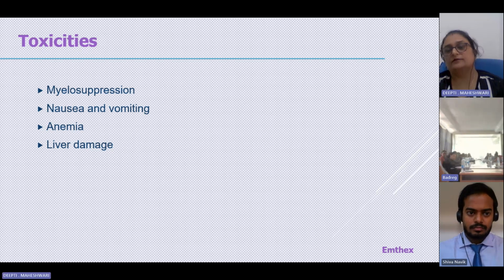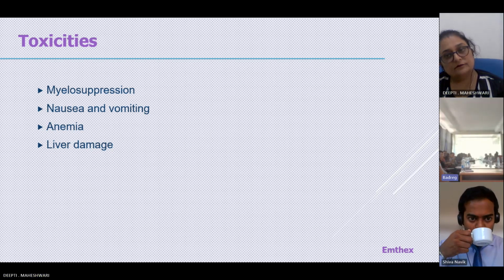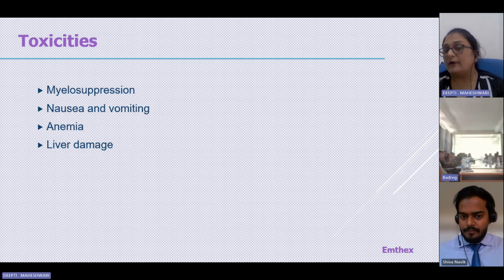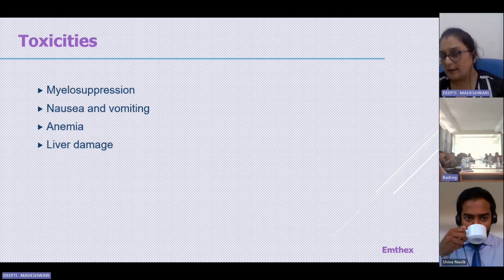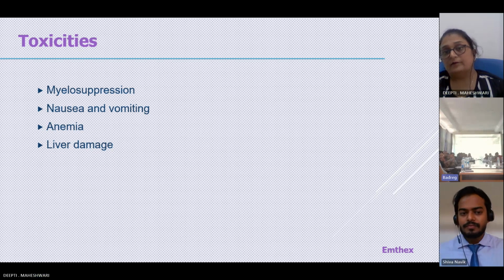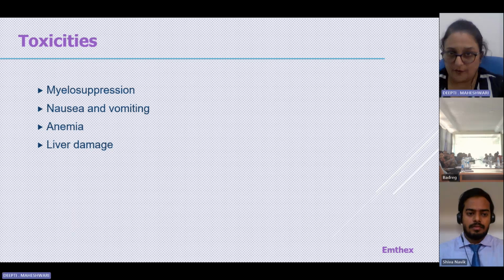Very good, that's how it suppresses bone marrow and causes myelosuppression. Which are the rapidly multiplying cells in the bone marrow? White blood cells, red blood cells, and platelets. Very good.